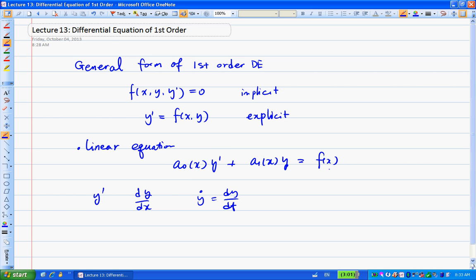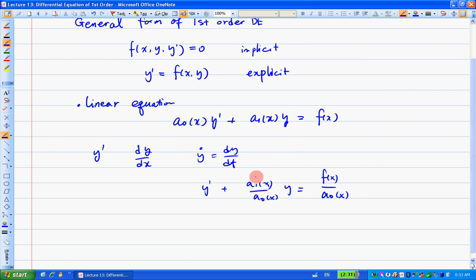For this linear equation, I can simplify this a little bit. If I divide both sides by a0(x), I would get y prime plus a1(x) over a0(x) times y equal to this.